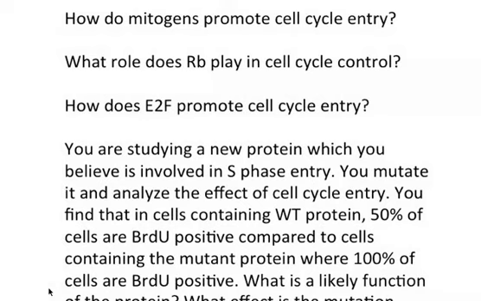It stands for bromo something uridine. Yep. It's like a marker that integrates into the new DNA. Right. So it's something that integrates into the new DNA, also known as a nucleotide analog, right?